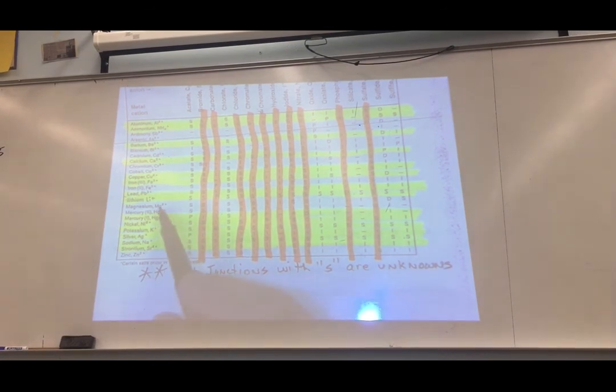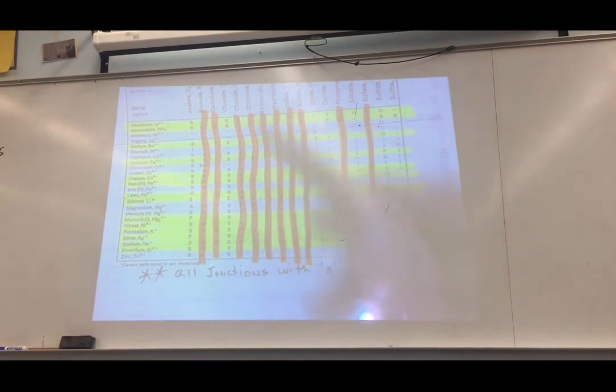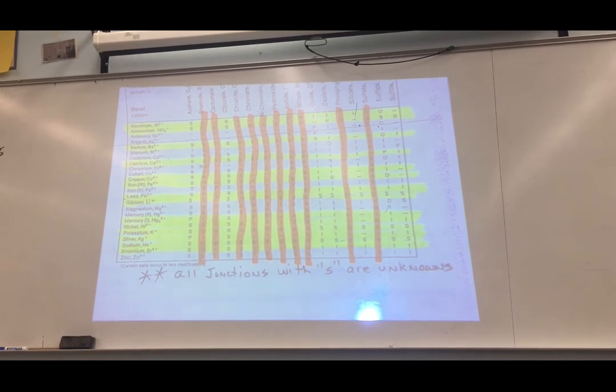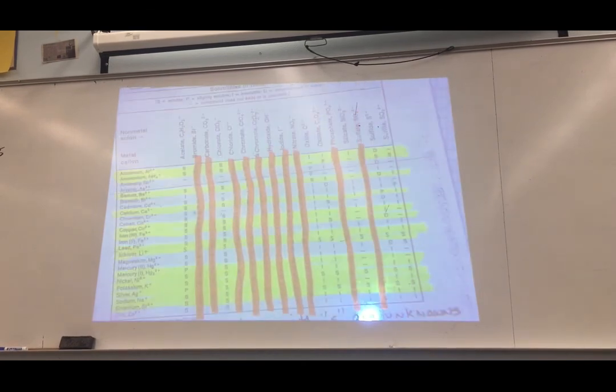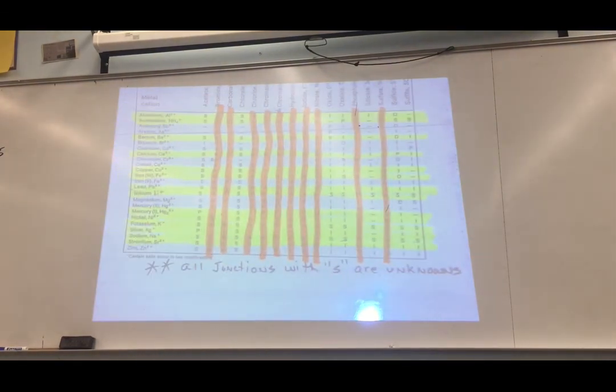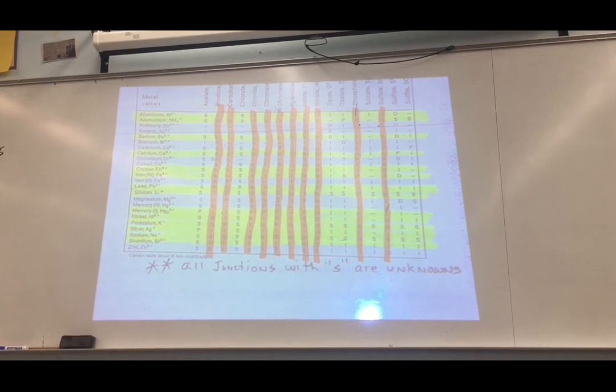No, magnesium's not a possible cation, chlorate's not a possible anion. So you see why this chart's important. This is the single most important chart and information on the unknown lab for right now. It's only going to be soluble, not slightly soluble. It's going to be only soluble.